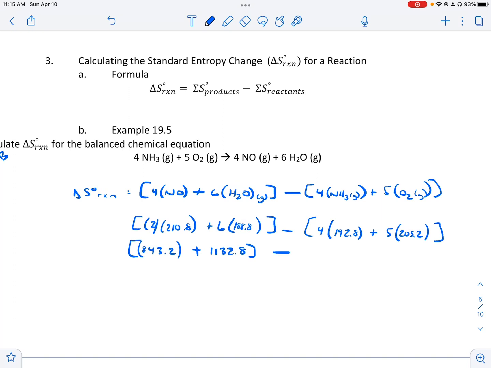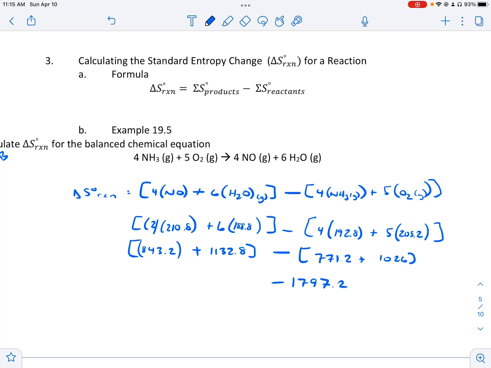Minus 4 times 192.8, which is 771.2, plus 5 times 205.2, which is 1026. Continuing our math, we're subtracting 1797.2 here.